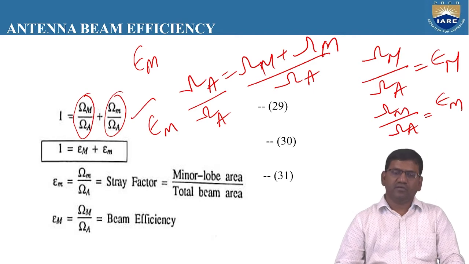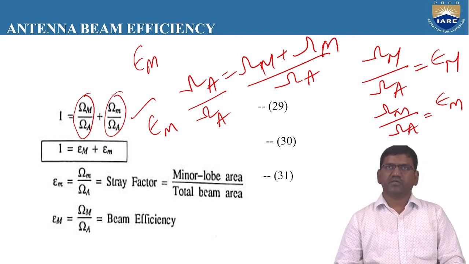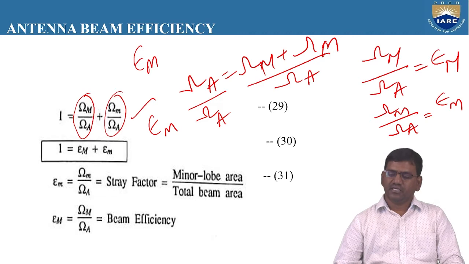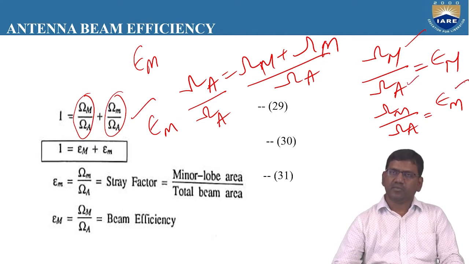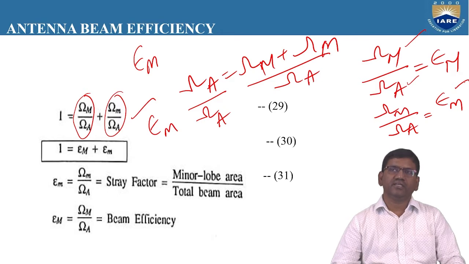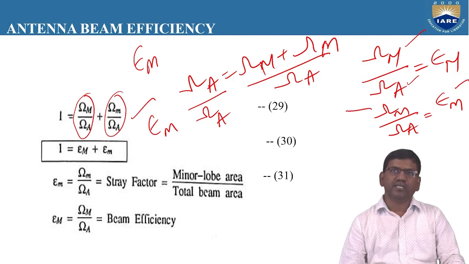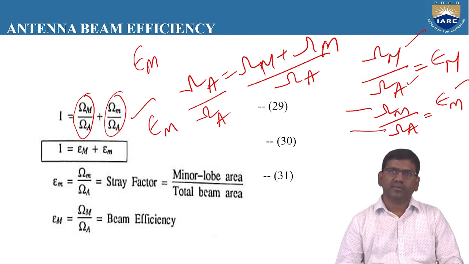Here we are going to differentiate these two with respect to the total beam area. That means epsilon capital M is nothing but the ratio of the major lobe area to the total beam area, and at the same time epsilon small m is defined as the ratio of the minor lobe area to the total beam area.